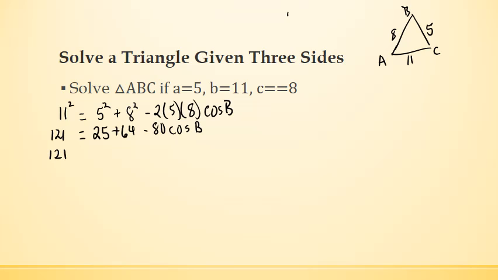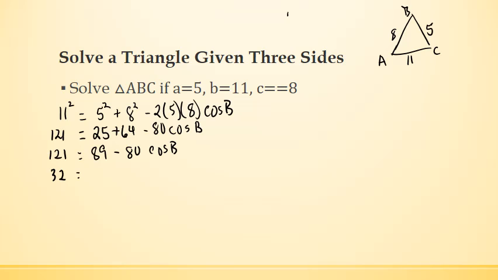So we've got 121 equals 89 minus 80 cosine B. And let's subtract 89 from both sides, and that ends up being 32.